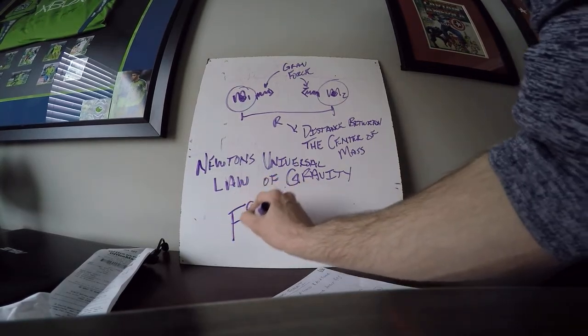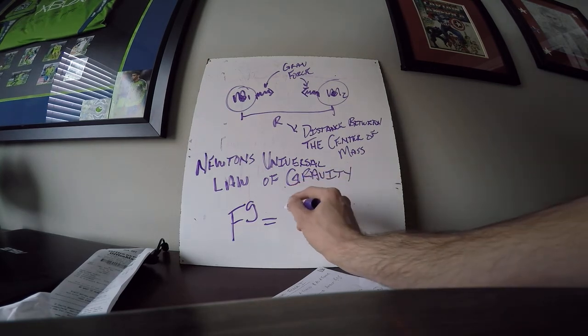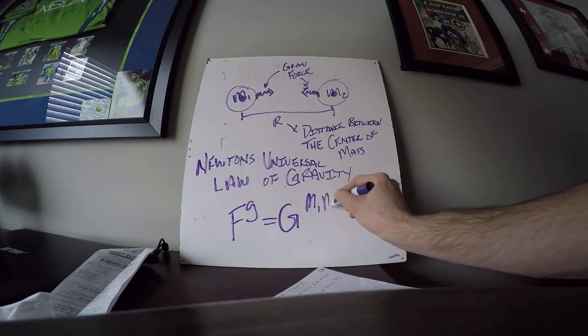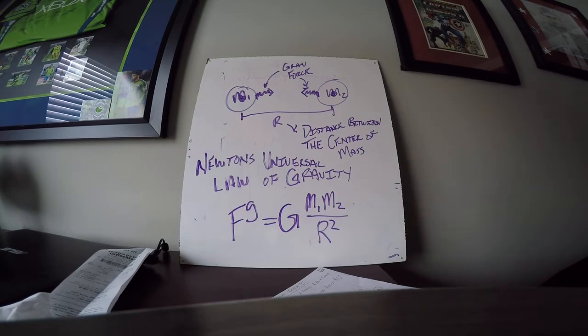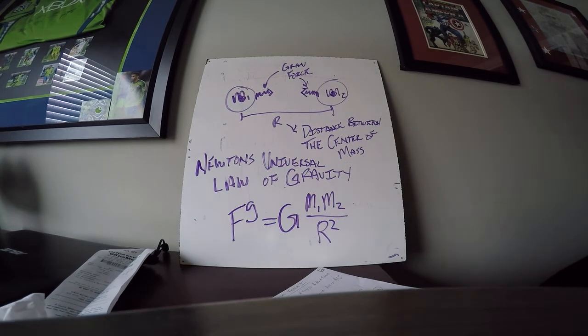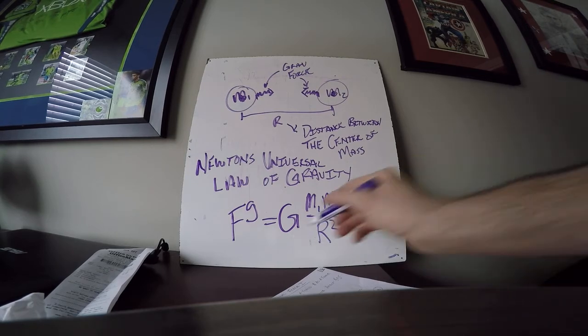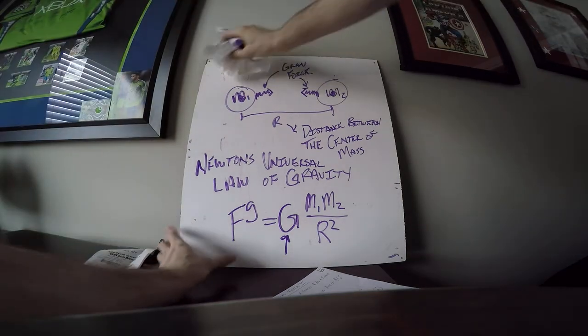Force of gravity equals, but normally we say mg, this time we are going to say something different: G m1 m2 over r squared. This is the universal law of gravity for anywhere in the galaxy. Next part, this weird G thingy, what the heck is that? Let's talk about that up here.